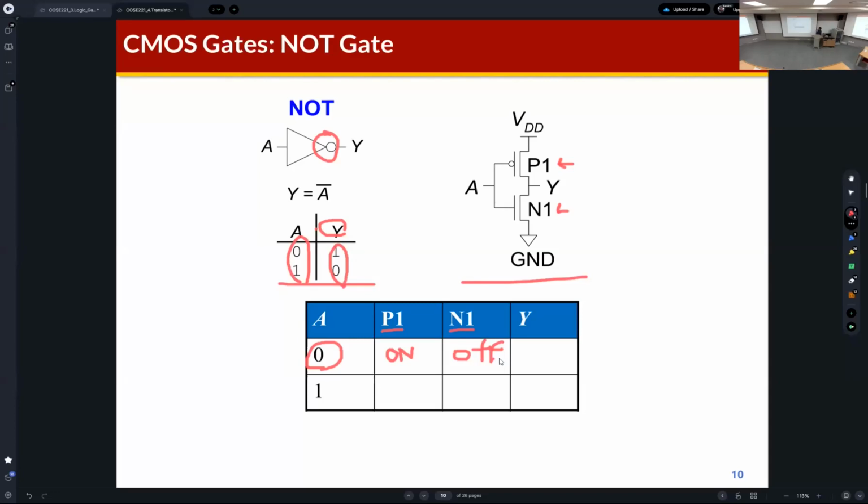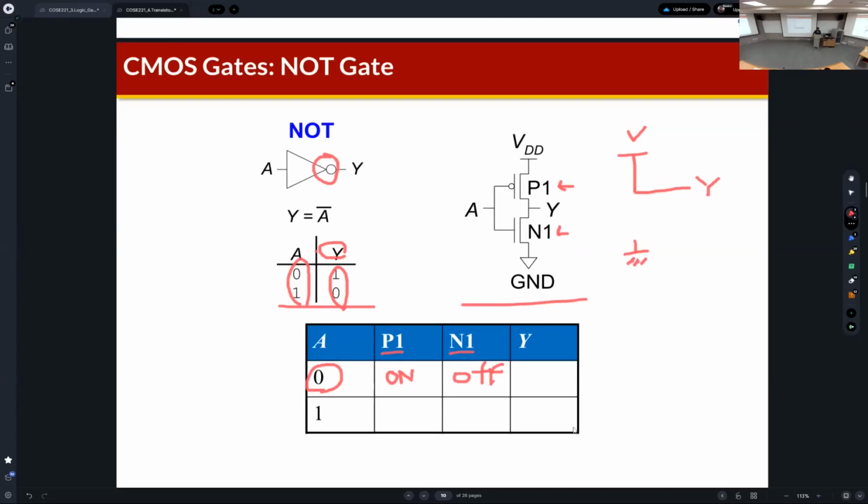So then what will happen? In this situation, the PMOS transistor is connected to the VDD, and the NMOS transistor is disconnected from the ground. And this is the output, Y. Y is connected to the VDD, so Y is high, it's 1, right?